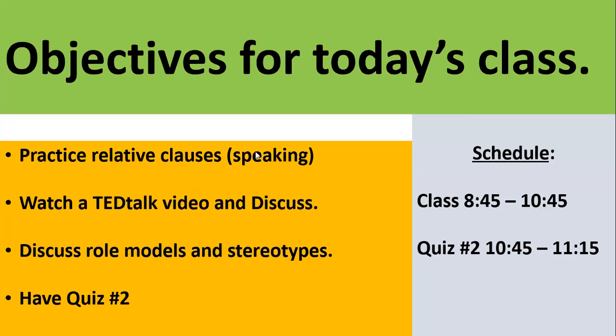We're going to do something in the book and some speaking activities. We're also going to watch a TED Talk video and discuss it. We're going to talk a little bit about role models and stereotypes. And at the end, we're going to have quiz number 2.